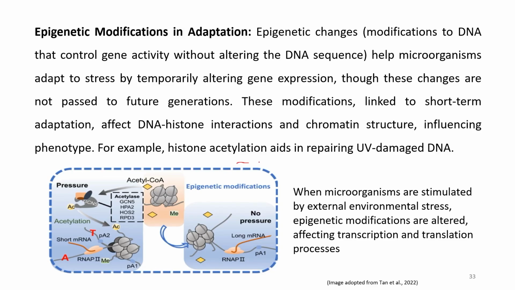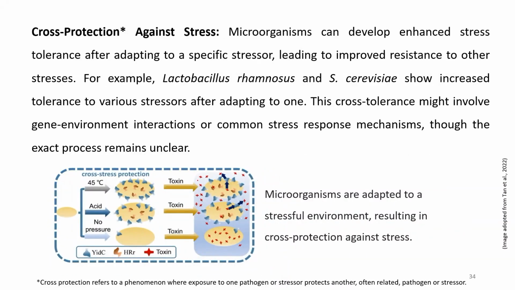For example, histone acetylation aids in repairing UV damaged DNA. In this picture, you see when organisms are stimulated by external environmental stress, epigenetic modifications are altered, affecting transcription and the translation process.